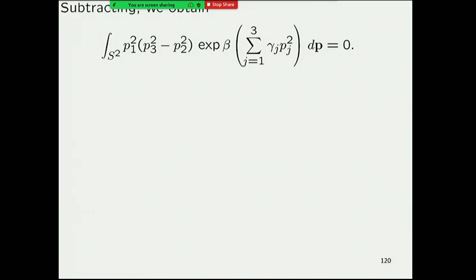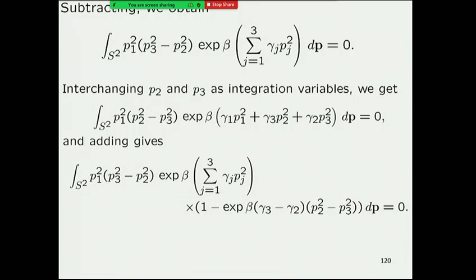And now you interchange P2 and P3 as integration variables. You're allowed to do that, that's a measure preserving transformation. But then you have to swap P2 and P3 here, and P2 and P3 here, right? So then you get that this integral is 0, and then you add these two things together.